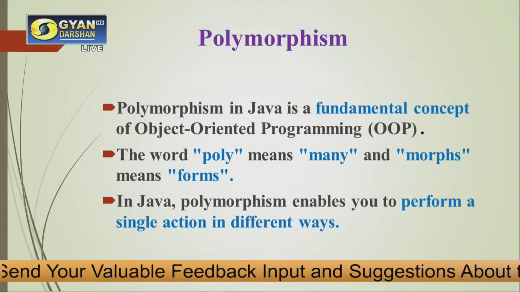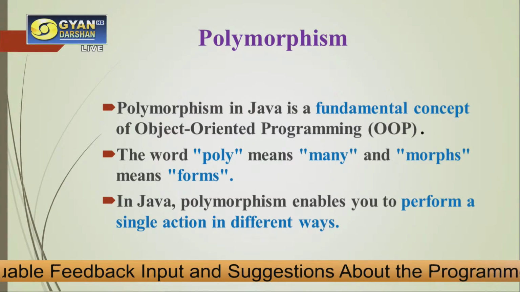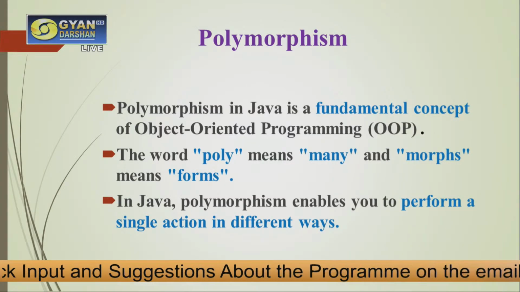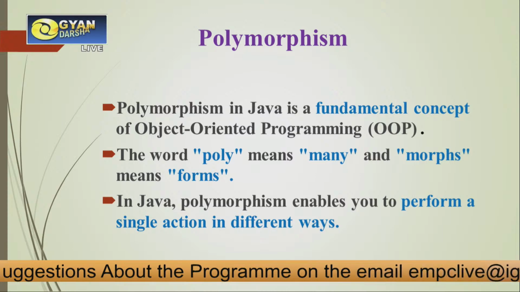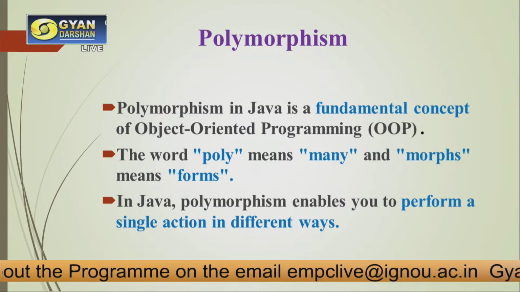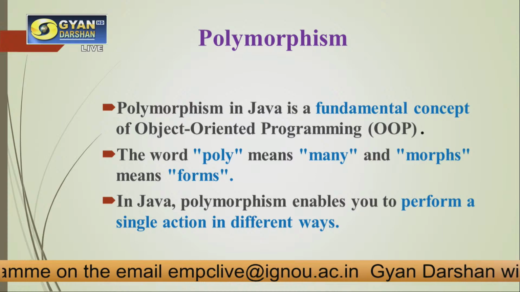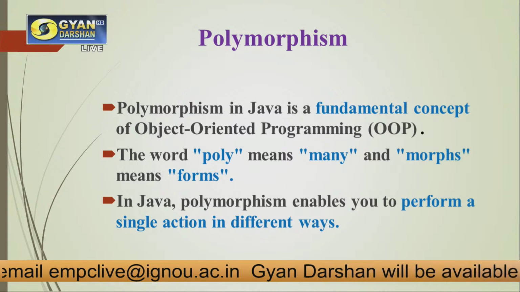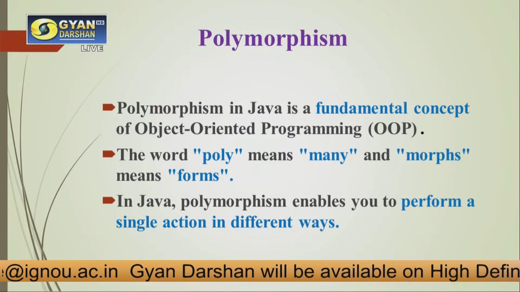So polymorphism, when we say, we see the meaning of the term by breaking this word in two. One is poly, that means many, and morphism means forms.